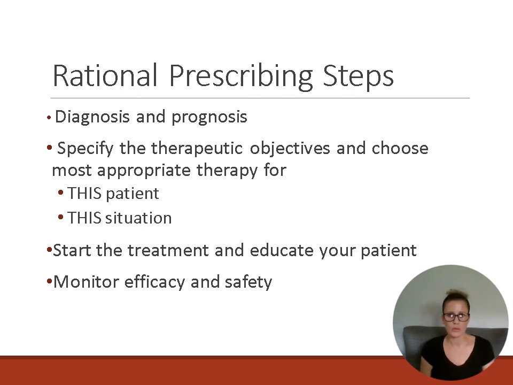So, like, what am I trying to do with my treatment? Are you trying to cure something, or are you trying to just relieve the symptoms? Am I going to try and treat two different conditions with one treatment? Is this preventative, right? Am I just trying to prevent something from happening? Like, what are my goals with this therapy?